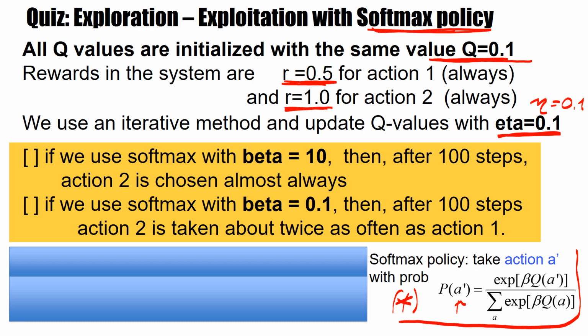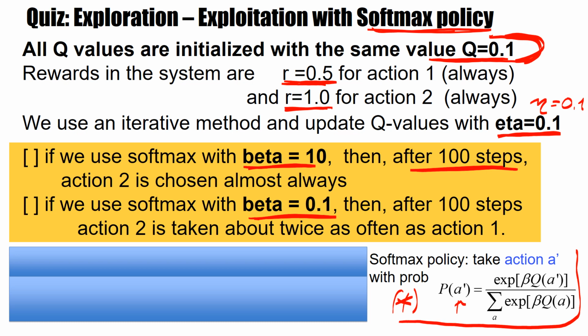And now we play with two values for beta. The first one is beta equal 10, and the second one is beta equal 0.1. In both cases, we initialize at a Q value 0.1. Then we do 100 update steps for each action.